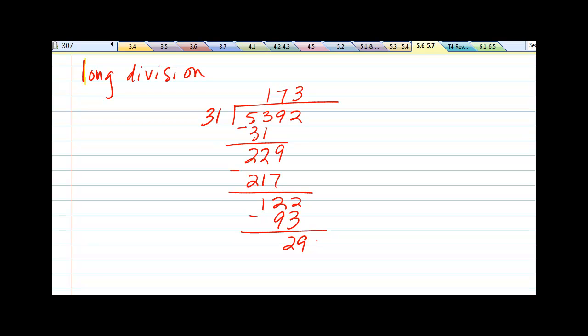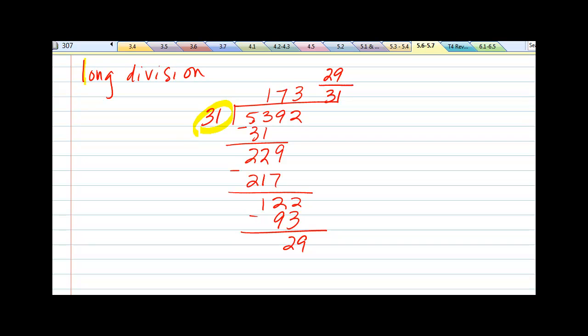In this case, we get a remainder of 29. And we have to remember that when I write a remainder as a fraction, I take the remainder and I write it over this term, 31, which we call the divisor. So I take the remainder and I write it over the divisor, and my answer is 173 and 29/31.